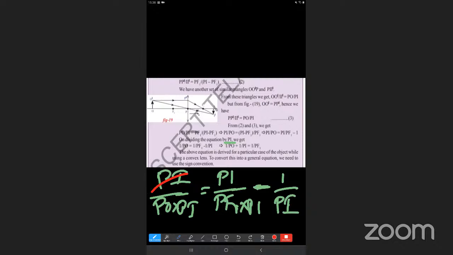What is remaining? 1 by PO equals 1 by PF1 minus 1 by PI. Moving 1 by PI to the other side, the minus becomes plus. So 1 by PO plus 1 by PI equals 1 by PF1.